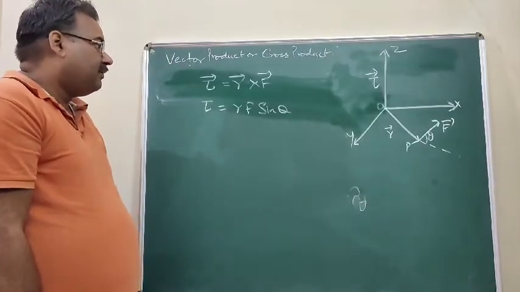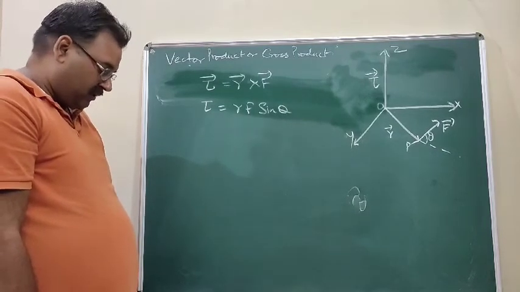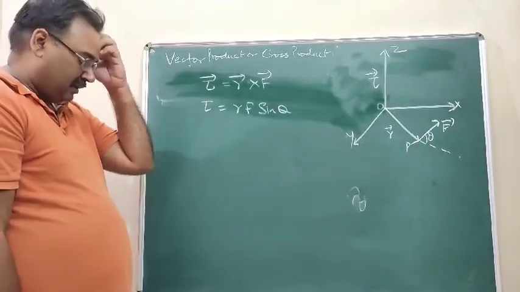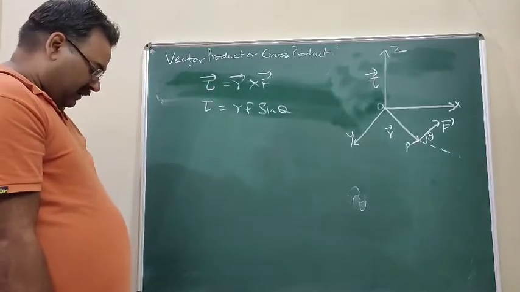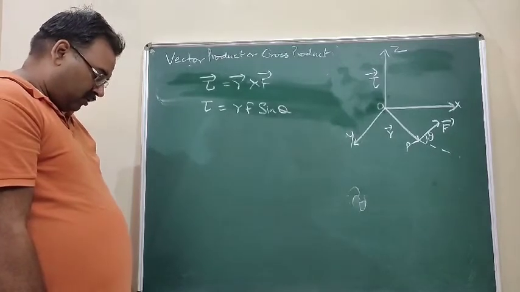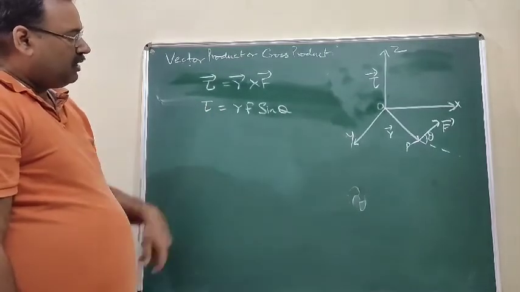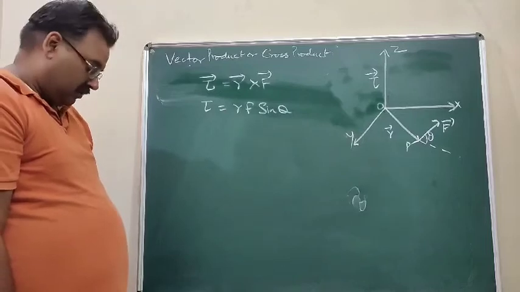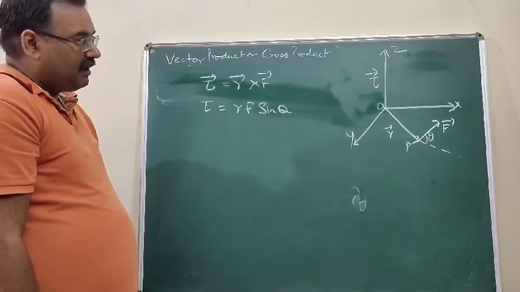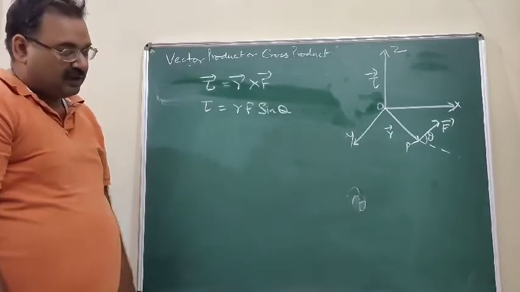We have an example of the cross product. Let us take a force acting on a particle P whose position vector is r. You can see the position vector with respect to the origin is r. Okay, and you have to find out the torque that is acting on the particle about the origin O. So torque is defined as r cross F, and tau is equal to rF sin theta. Now the direction is perpendicular to the plane xy that contains the vectors r and F. How will we know?